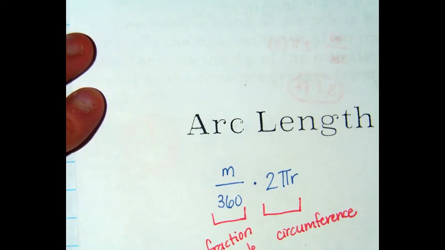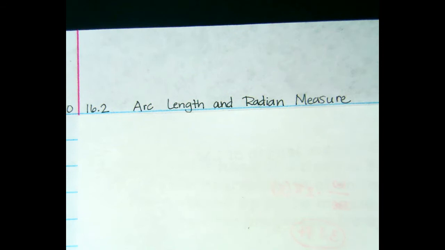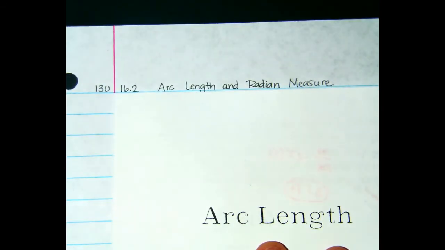The title for page 130 and 131, it's been a little while since we titled both, is 16.2, arc length and radian measure. Title them both.